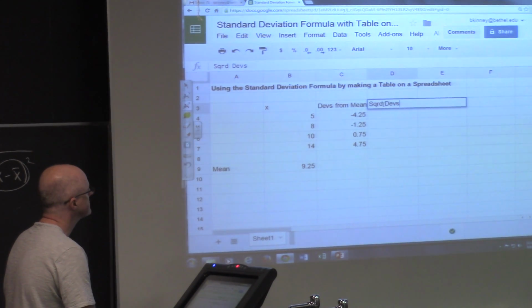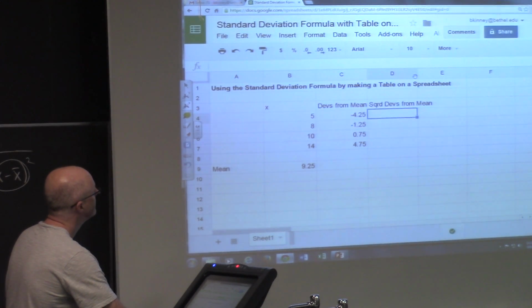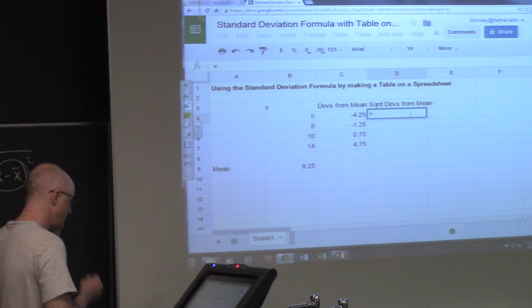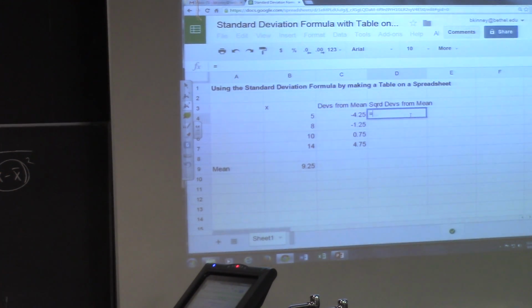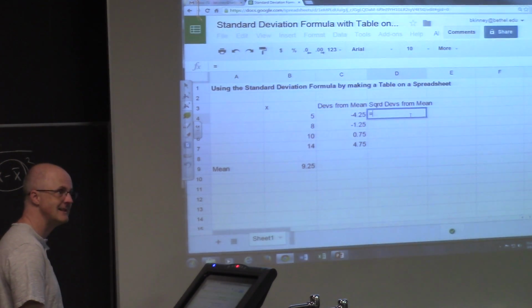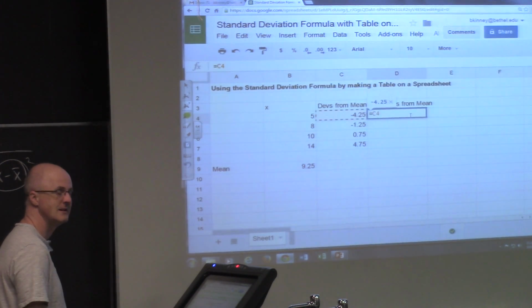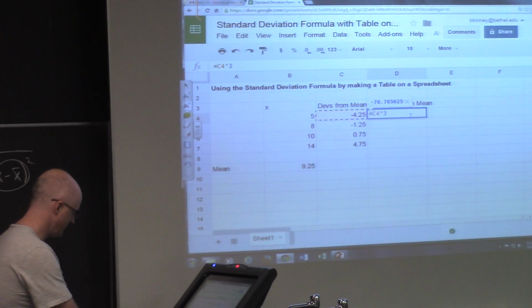Squared deviations from the mean would be the next column. What do you think I should type here in order to do this efficiently? What should go in cell D4 to do this efficiently? A cell reference: C4 squared, like that.